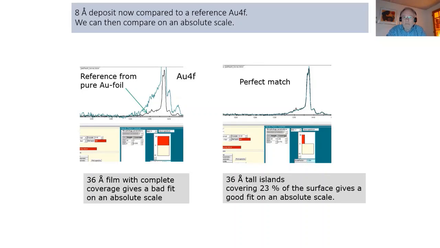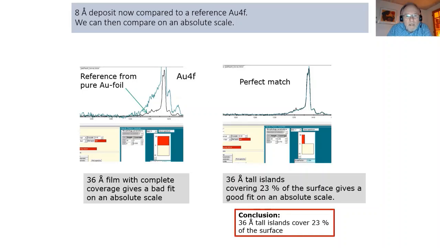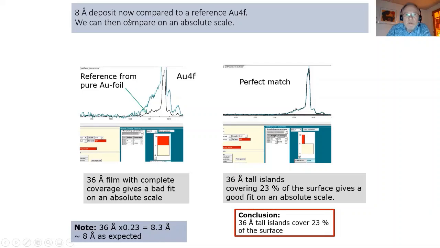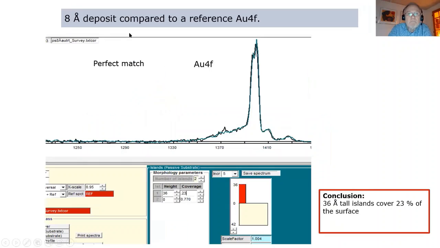And now, because we have the reference spectrum to compare to, the uncertainty on the thickness is even smaller than the 5 angstroms we found before. And you might note that if we multiply the 36 angstroms with the 23% coverage, we get a total amount of gold of 8.3 angstroms, which is very close to the nominal thickness.